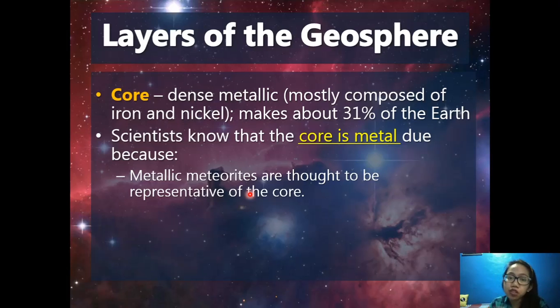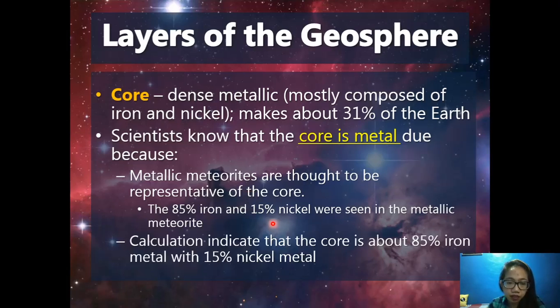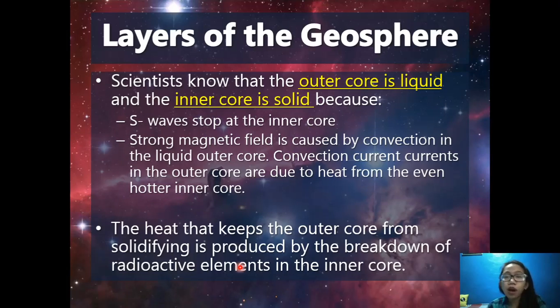That will be the result, that the core would be the metallic material. Calculations indicate that the core is 85% iron metal with 15% nickel metal.